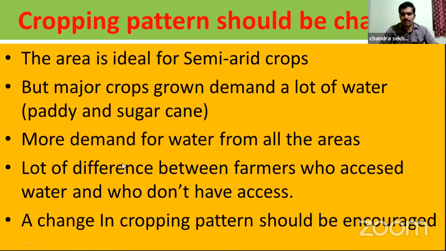A change in cropping pattern should be encouraged. To meet this drawback of the river basin, the governments should prepare a cropping pattern. Cropping patterns should be changed based on the availability of water, and they should educate the farmers like that.